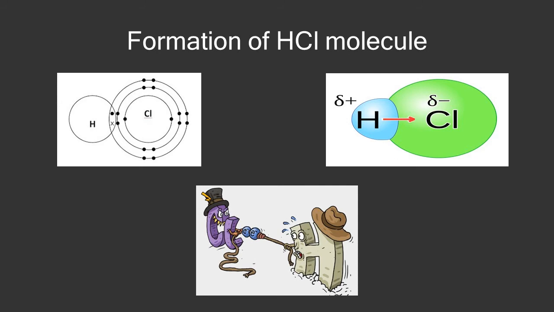However, you all know that chlorine is more electronegative than hydrogen. So, the shared pair of electrons are more towards chlorine than hydrogen in HCl. As a result, the bond is slightly polar with chlorine bearing the partial negative charge and hydrogen bearing a partial positive charge.